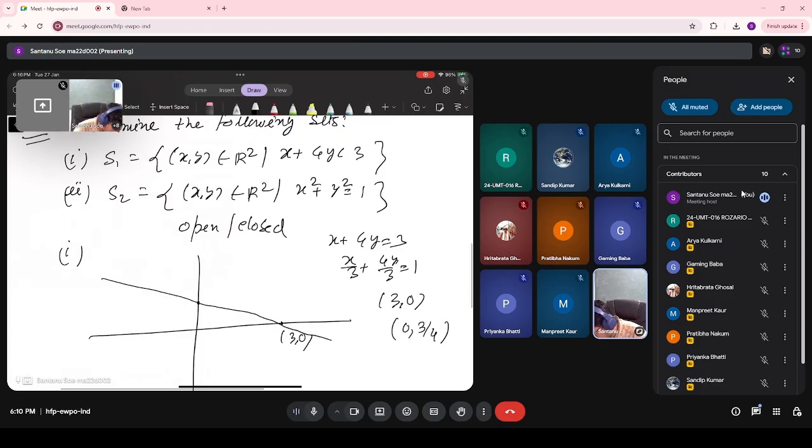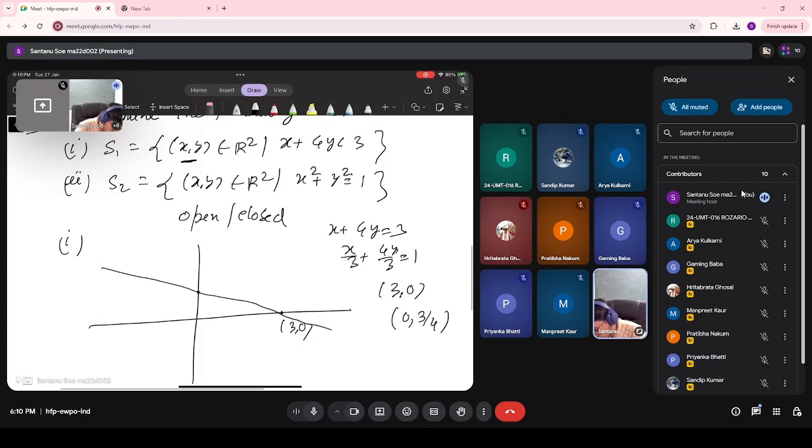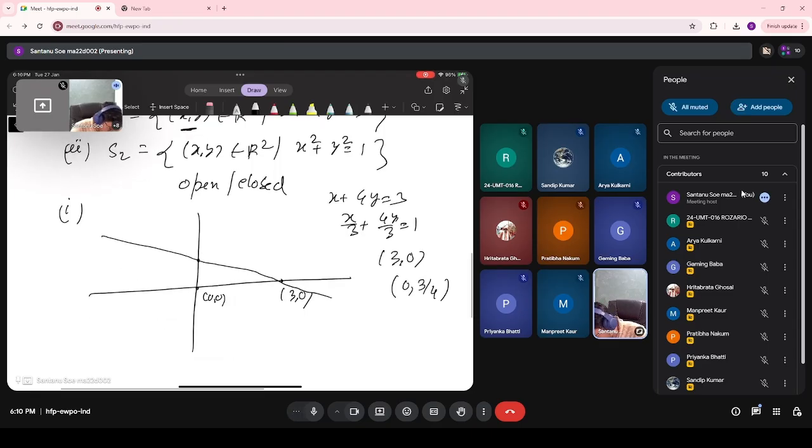So this is the straight line. Now they are asking for all points x comma y in R2 such that x plus 4y is less than 3. Since the points are less than 3, for example, the origin belongs to this set S1, because if you put 0 plus 4 into 0, then it will be 0 and ultimately it will be less than 3, right? So that means the set belongs to this region.